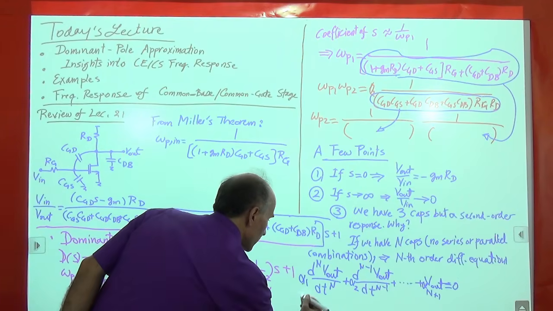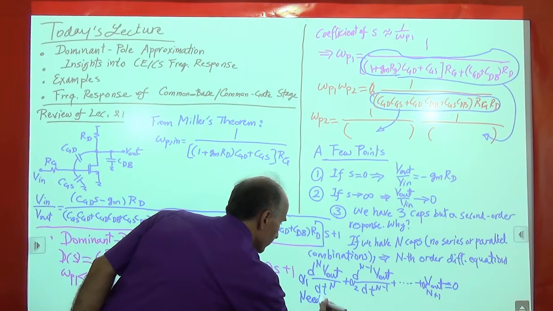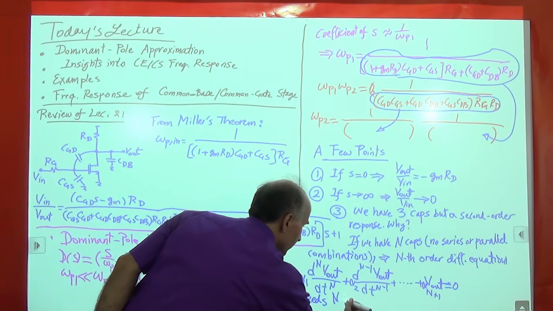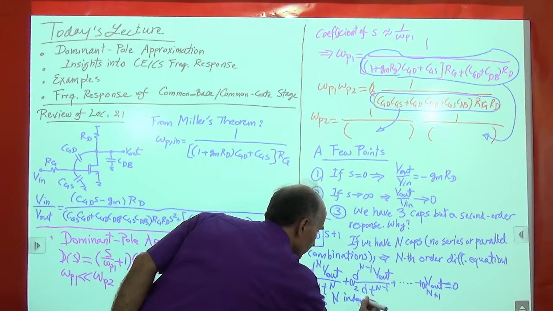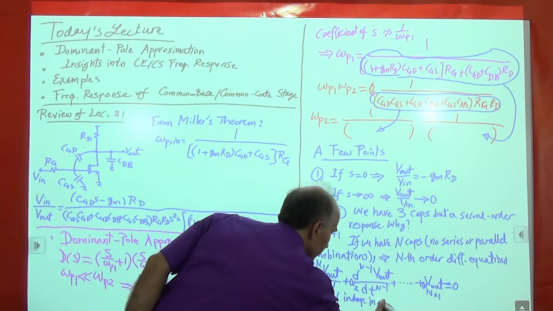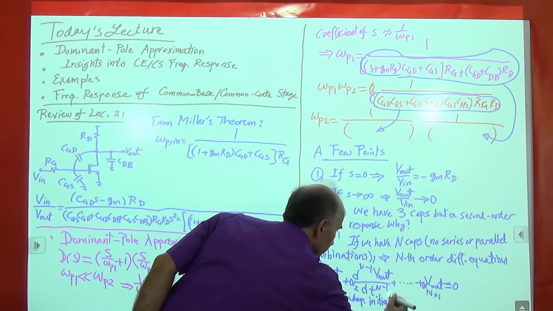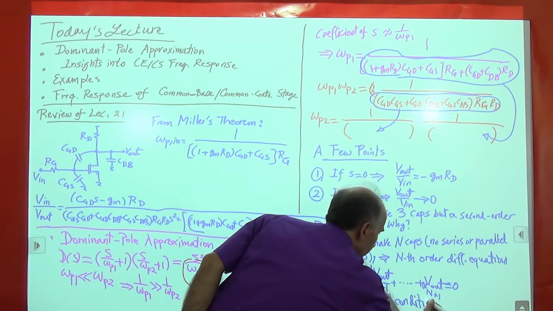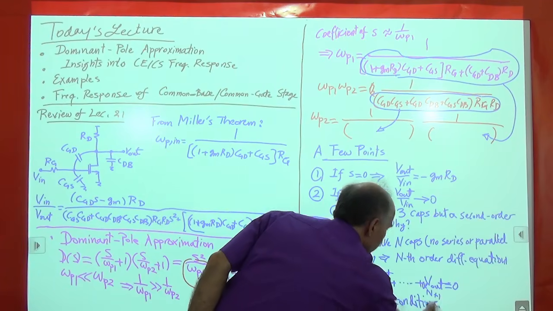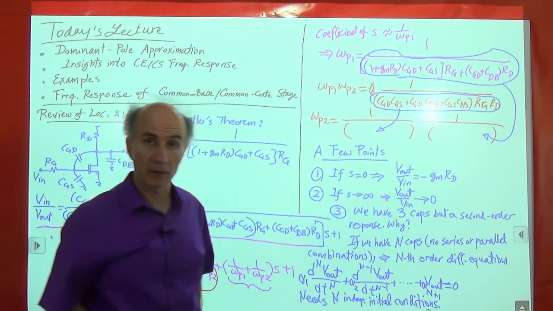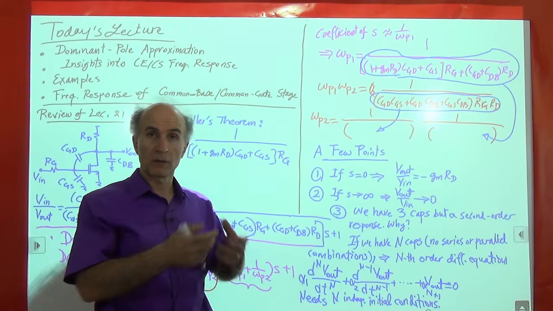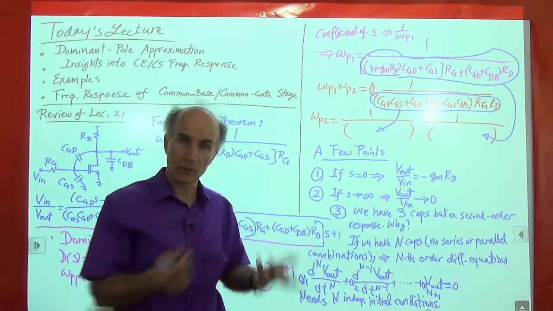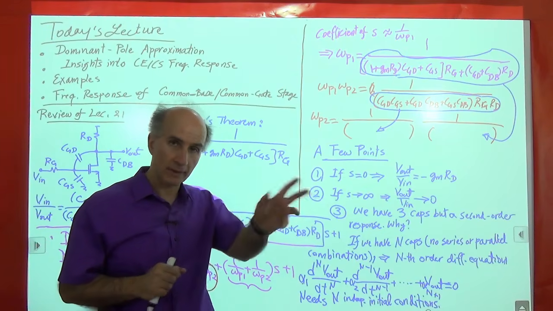So this needs n independent initial conditions. If we do not have n independent initial conditions, we will not be able to actually solve the final equation, right? There will be one unknown in there and we don't know what to do with it. One of the constants will not be known.